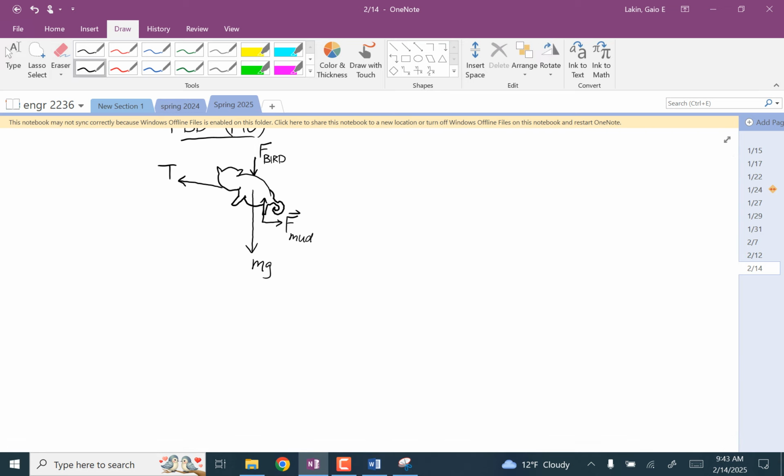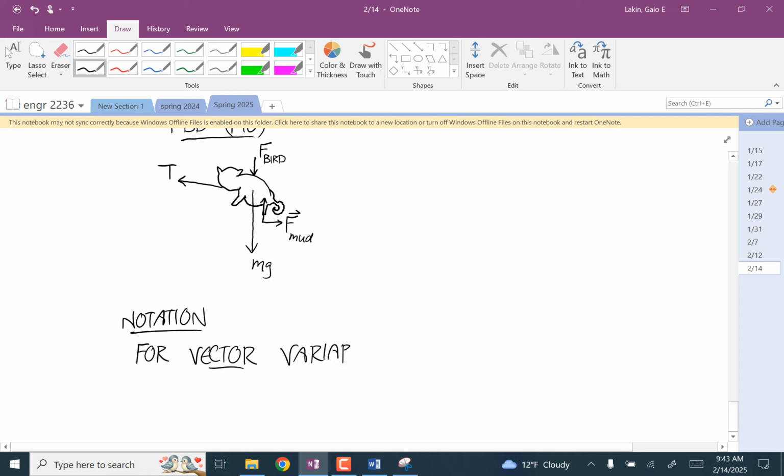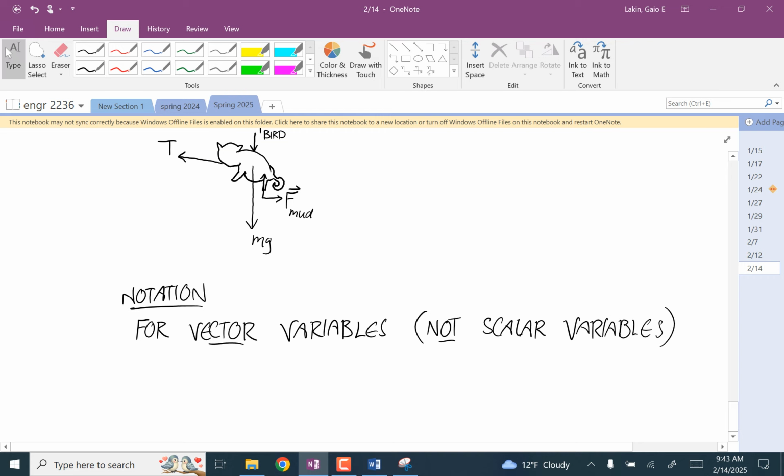One thing we're going to use a lot is a notation for vector variables. Be careful, we're not ever going to use this for scalar variables. We'll use a double subscript notation. The people in statics have seen this a ton.